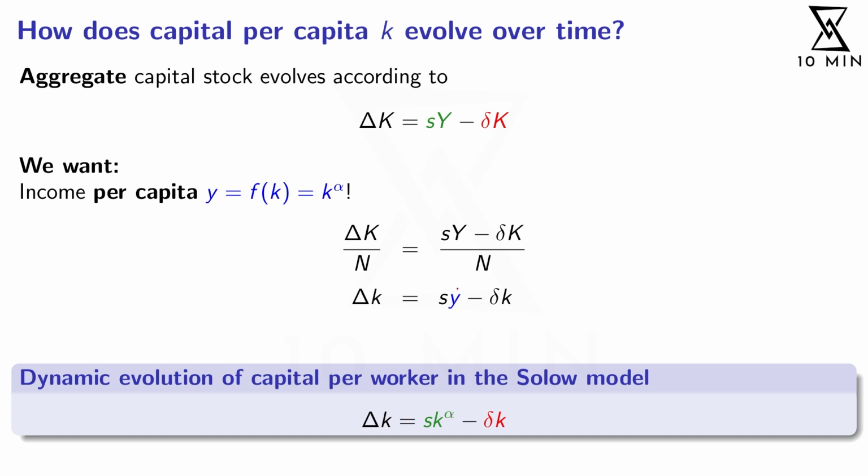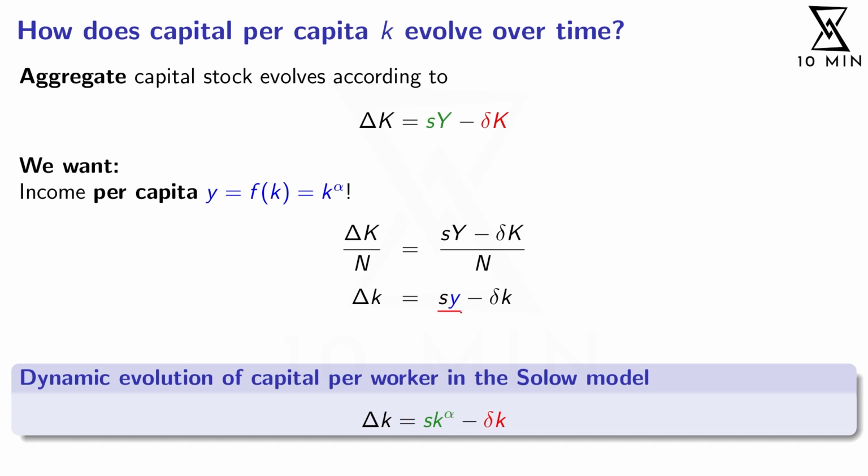One more step and then we are done. Here we have our income per person, lowercase y. We know our income per capita is our capital per capita to the power alpha. So if we substitute this here, we come to our main equation of the Solow model that shows us how the capital per worker changes over time.